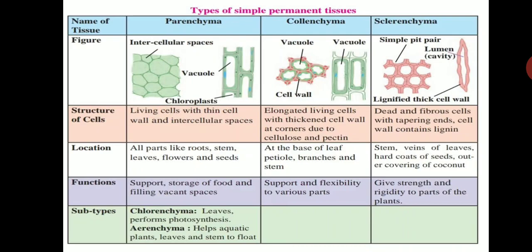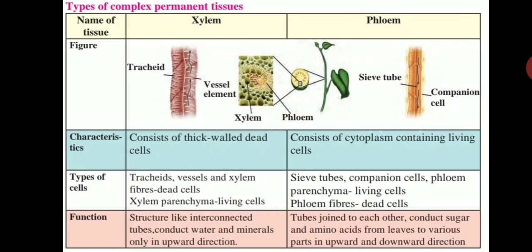In simple permanent tissue, there are three types: parenchyma, collenchyma, and sclerenchyma. And in parenchyma, there are two subtypes: chlorenchyma and aerenchyma. And in case of complex permanent tissue, there are two types of tissues: xylem tissues and phloem tissues. So all this part we have studied in this class.